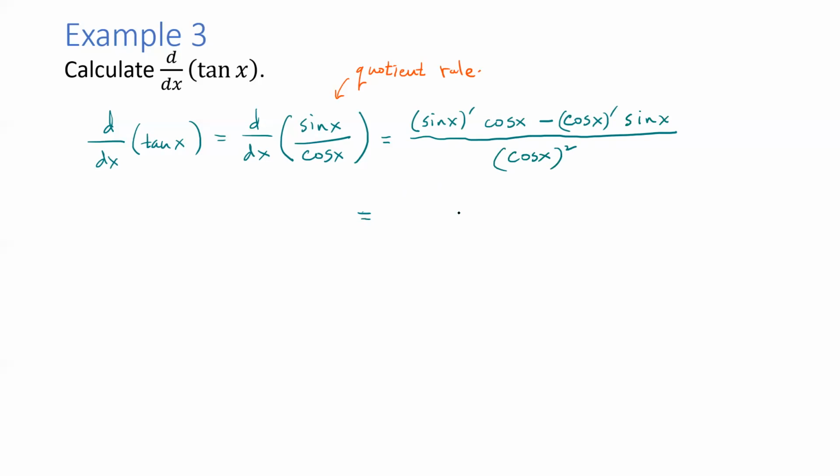And from here, we can just do what we know, like the derivative of sine is cosine, the derivative of cosine is negative sine. So we've got cosine squared plus sine squared in the top.